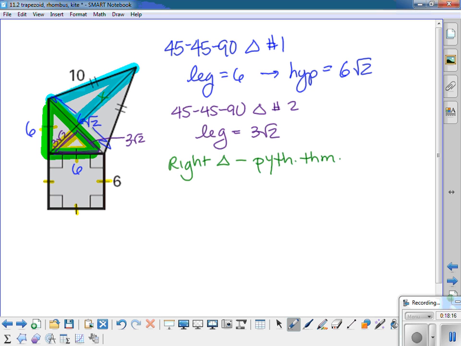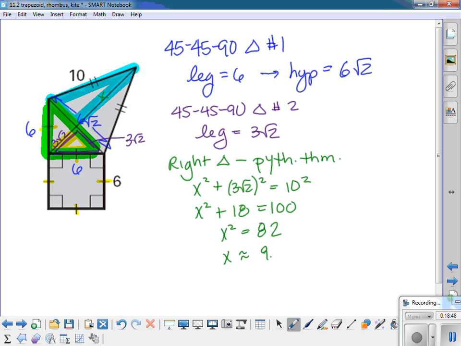So I'm going to say that x squared plus 3 root 2 squared is going to have to equal 10 squared. So 3 root 2 squared comes out to 18, and 10 squared is 100. So x squared is equal to 82, which means x is approximately 9.1.